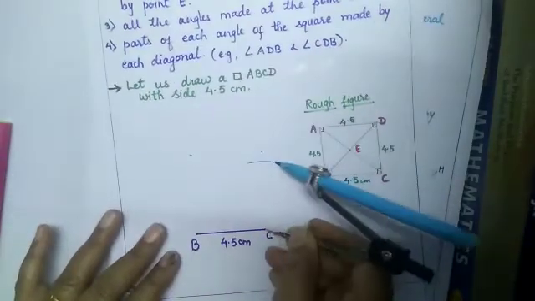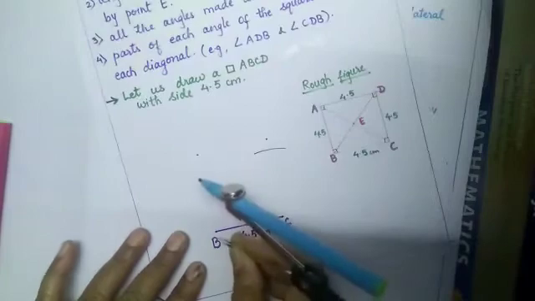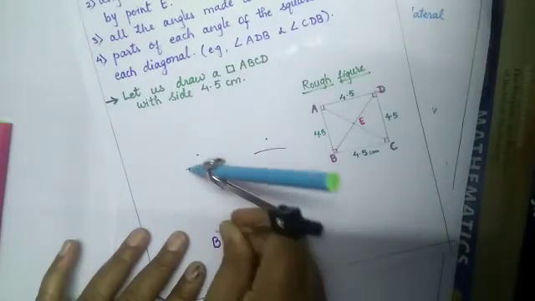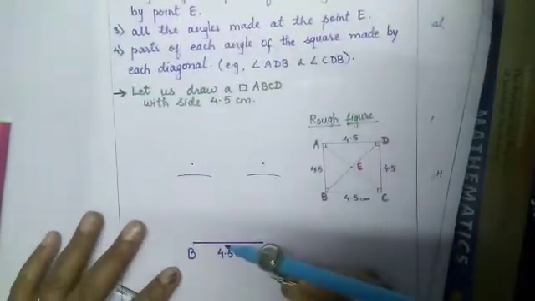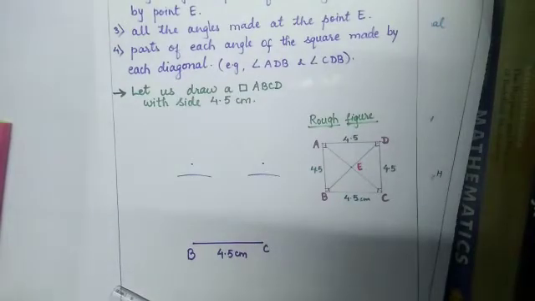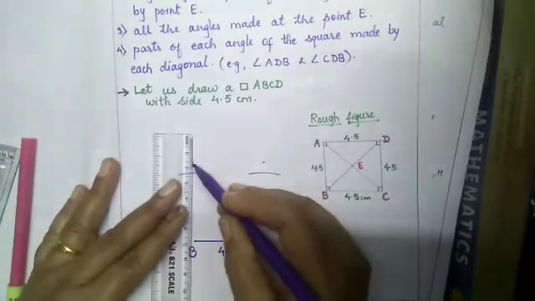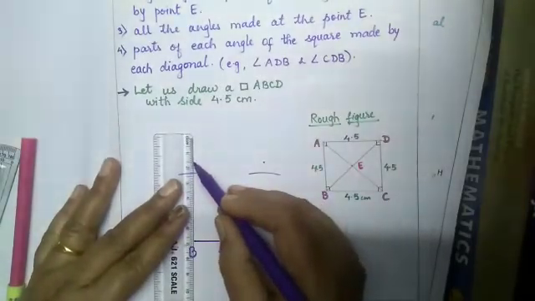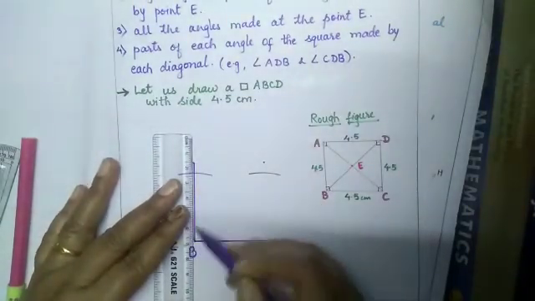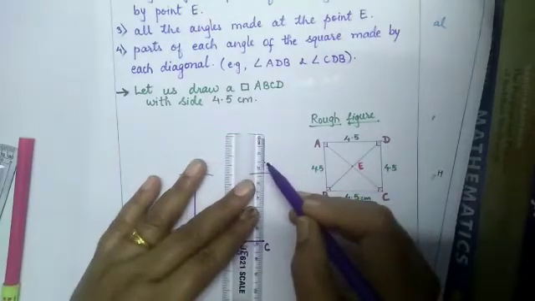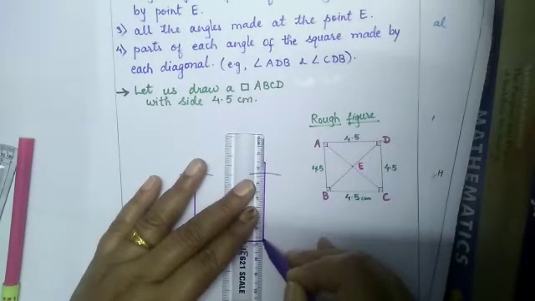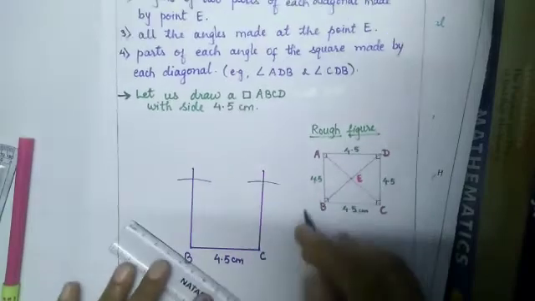This means from C also we will take 4.5 centimeter, from B also we will take 4.5 centimeter. Okay, and then join those lengths. How to join? As we have drawn a 90 degree angle here, join this. Here also from C we have taken an arc, so this is also 90 degrees.